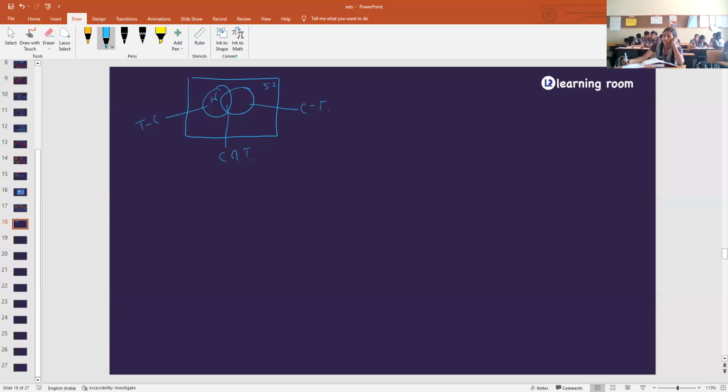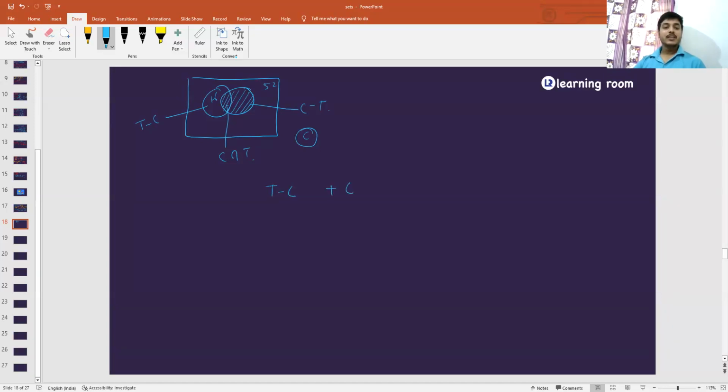Tea minus coffee is 16. 33 constitute everything from here to here. All of C is 33. Understood? So if I add T minus C plus C, that is there, and plus C, we can write it like this directly.